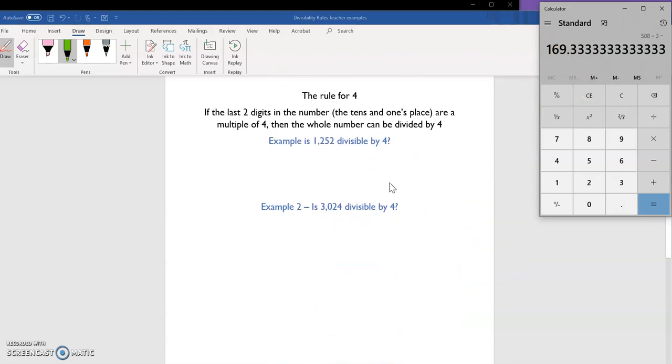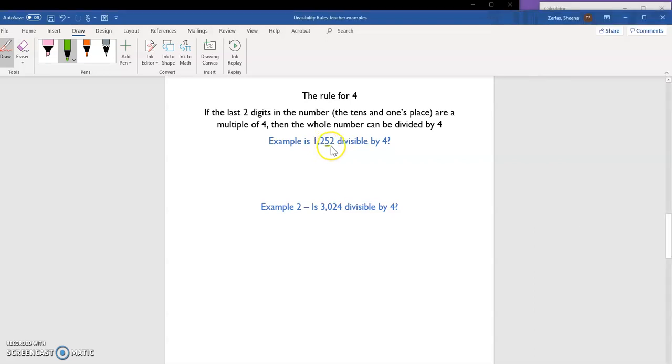The rule for 4 says if the last 2 digits, so the tens and ones place, are a multiple of 4, then that whole number can be divided by 4. So in this example, I'm going to ignore the 1 and the 2, and I'm just looking at 52. Is 52 divisible by 4? Thinking about our times tables, I know 4 times 12 would be 48.